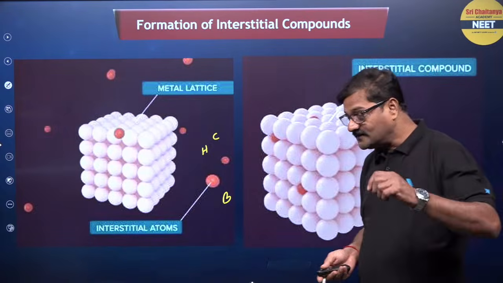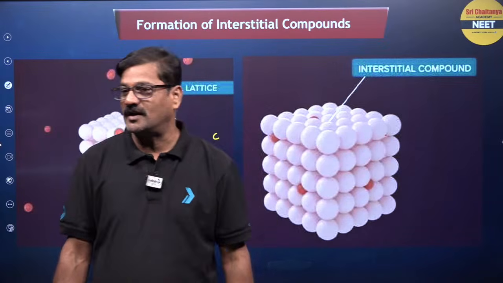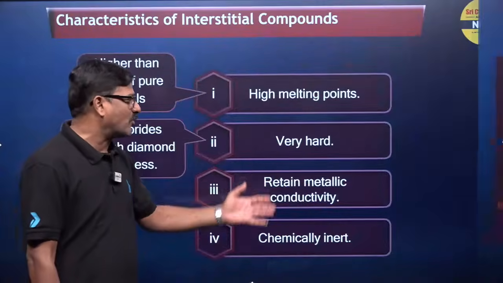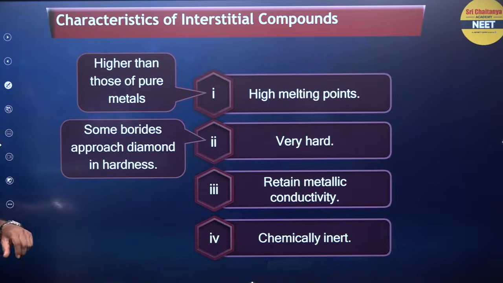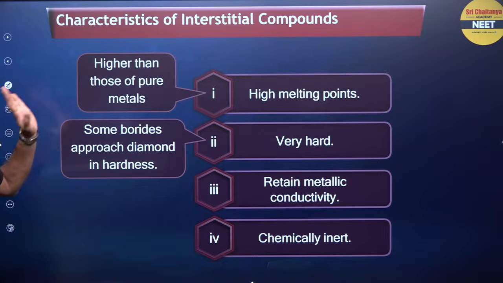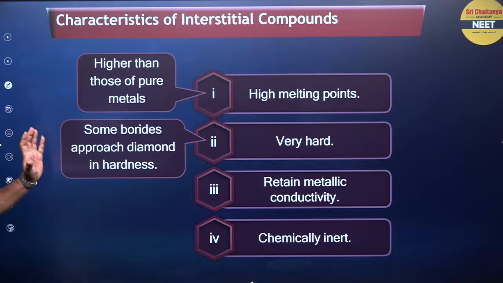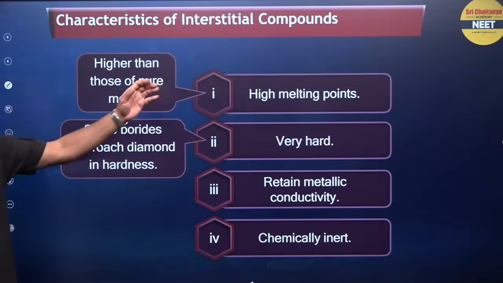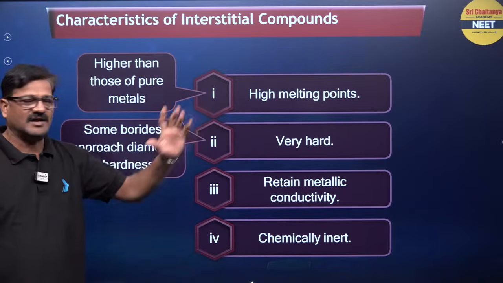In the NEET examination, a question on the properties of interstitial compounds had come. You can expect the characteristic properties of the interstitial compounds. They have higher hardness than that of the pure metals, and some borides approach diamond-like hardness, and interstitial compounds are very hard with high melting points.